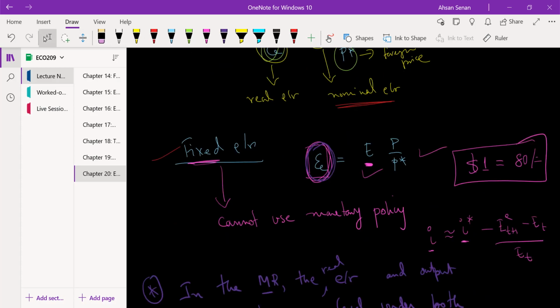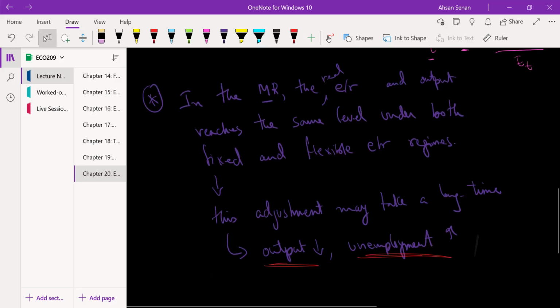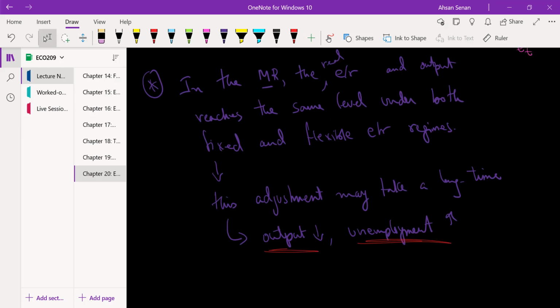For a fixed exchange regime, where the nominal exchange rate is fixed, we have to wait to get into the medium run where the price can adjust. So it takes time. We will arrive at the same place, but because the fixed exchange regime takes longer to adjust, output will remain lower and unemployment will remain higher for longer than necessary. And that's the problem.